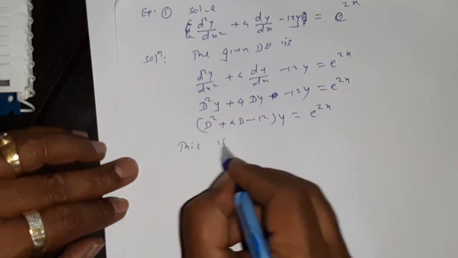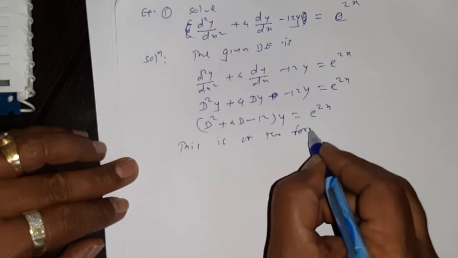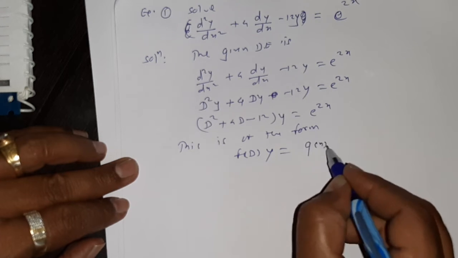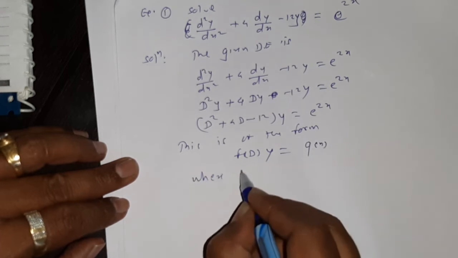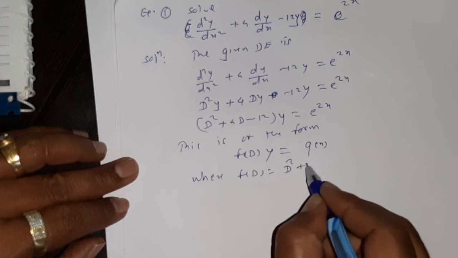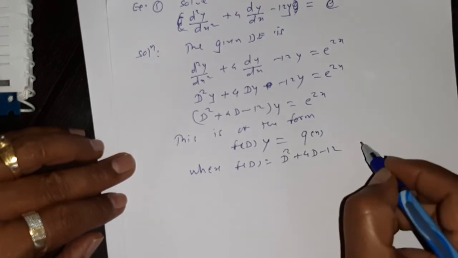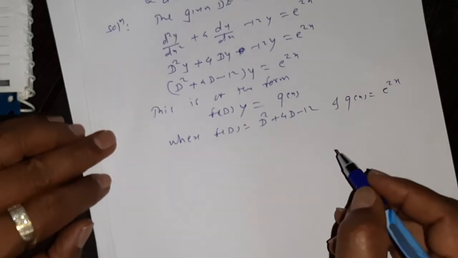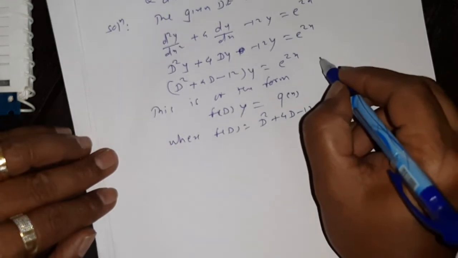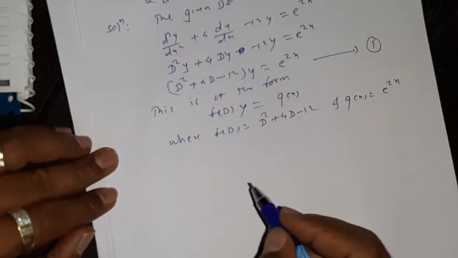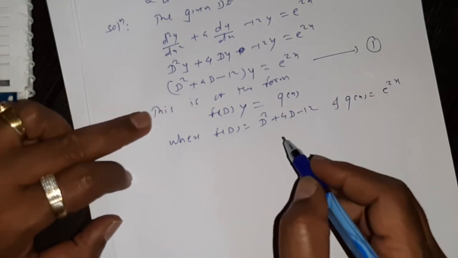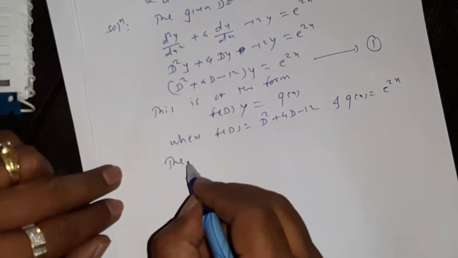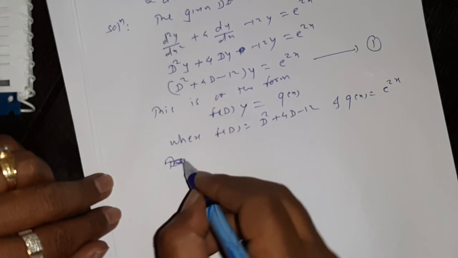And this is of the form f(D)y is equal to Q(x), where f(D) is D square plus 4D minus 12, and Q(x) is e raised to 2x. Suppose this is equation 1, and this is a non-homogeneous differential equation. The first part is the complementary function.